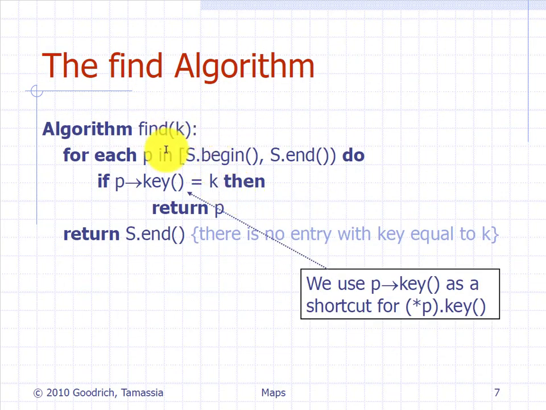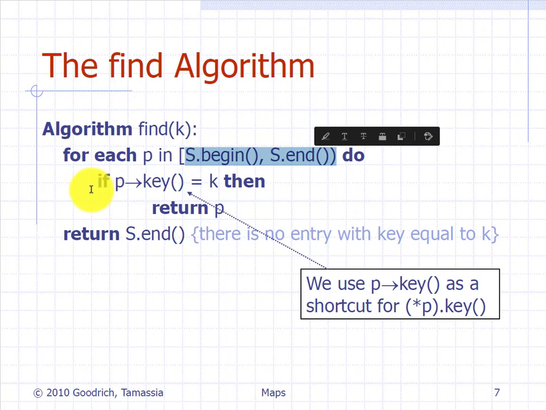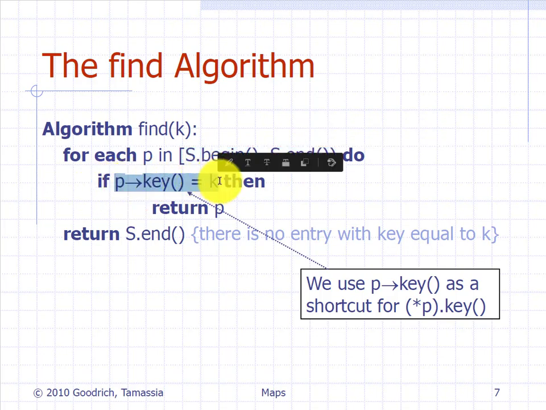All right, so there are some implementations of the various algorithms for maps. The first one here is the find algorithm. I'm just going to go through them quickly because these are very straightforward. So finding k, all you would need to do is traverse the map. S here is the map, S.begin and S.end, going from the first position to the last. We're going to check if the key is in that particular position. If it is, we return it.